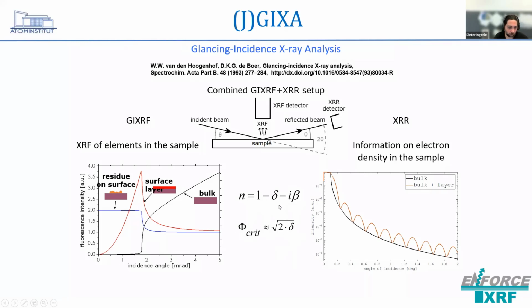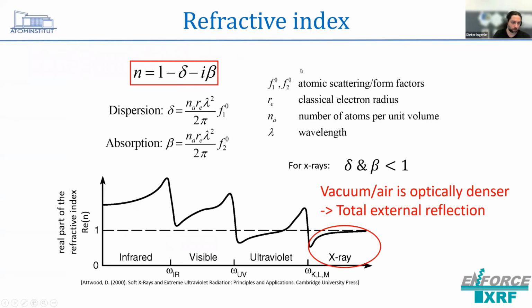So basically, in the X-ray regime, we can describe the effective index like this complex value. Delta is the dispersion part, and beta is the absorption part, and this has also some influence on the calculation, because we can derive these values from the atomic scattering factor. So it's based also on the electron density of the atoms in the sample.